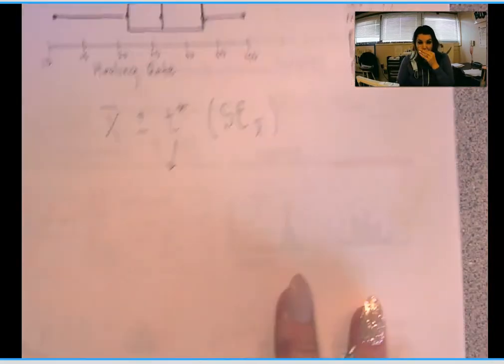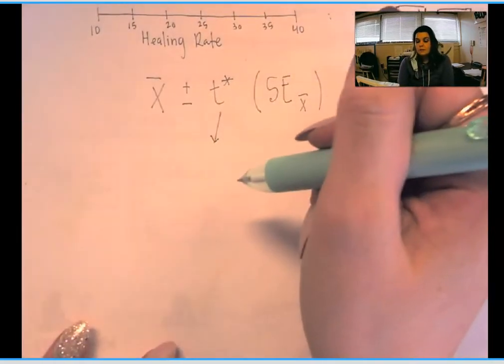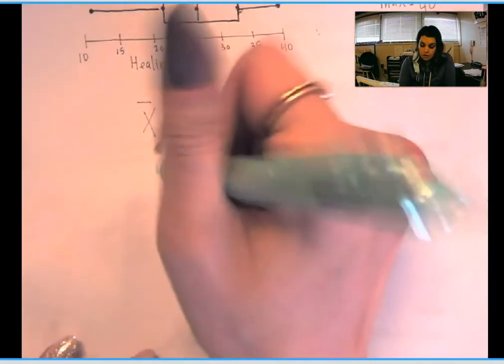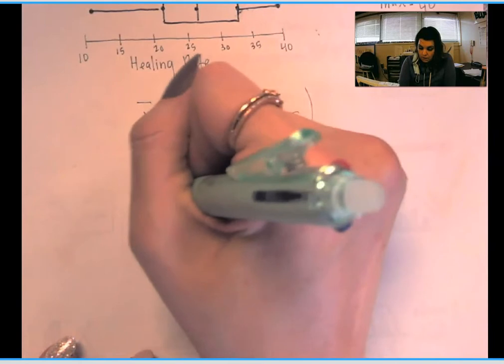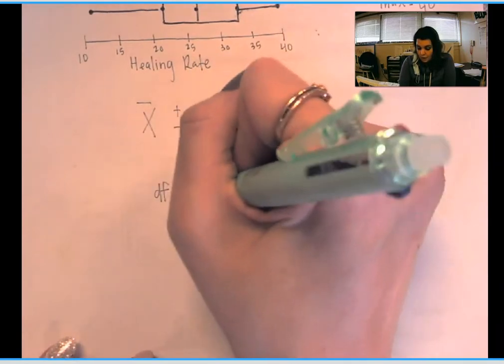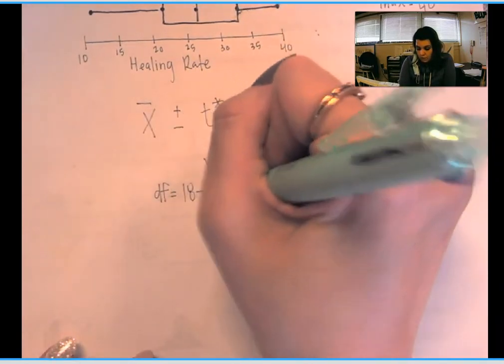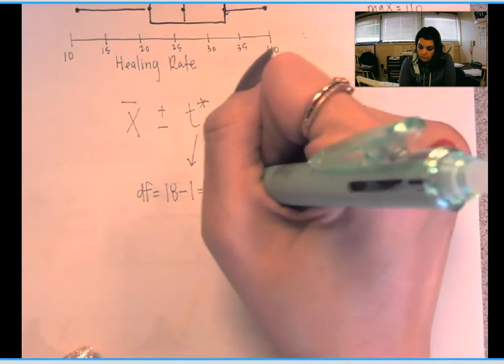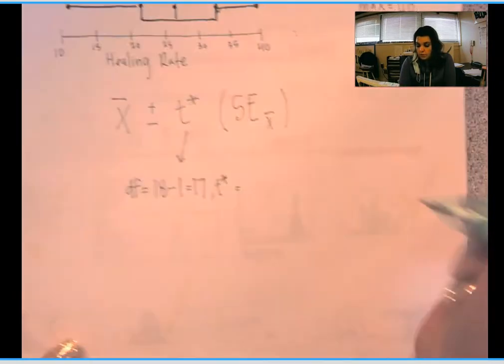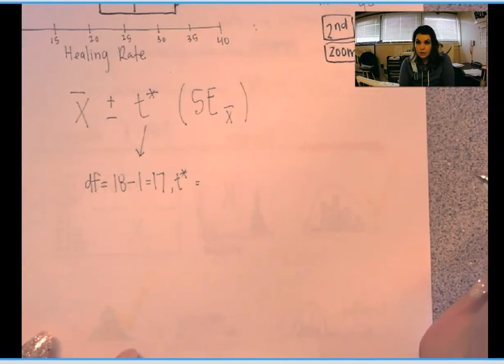And then let's use this space to write down our degrees of freedom. Is 18 minus 1. So 17. And our T critical. I'm not going to find your T critical for you this time.